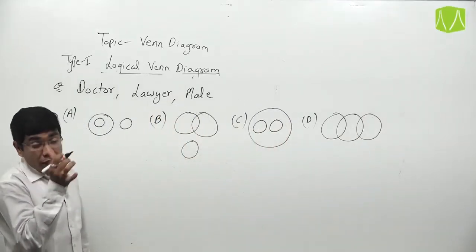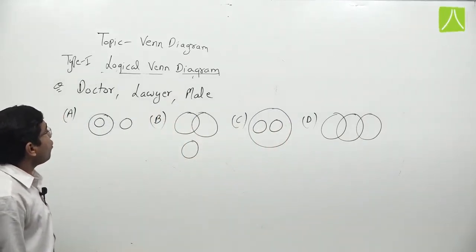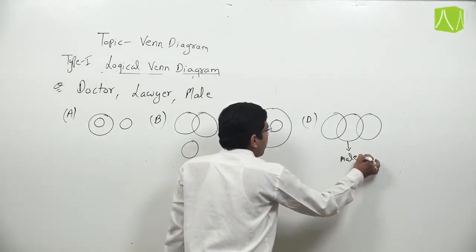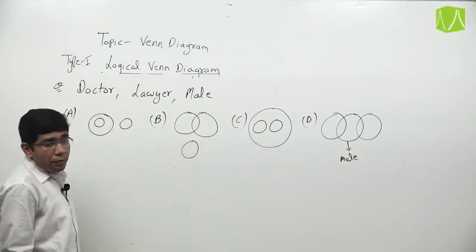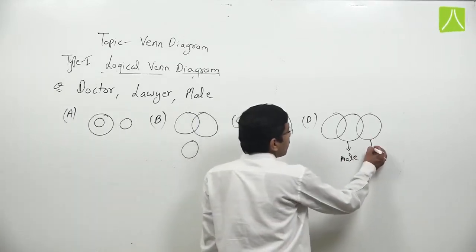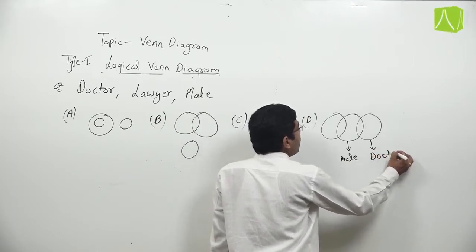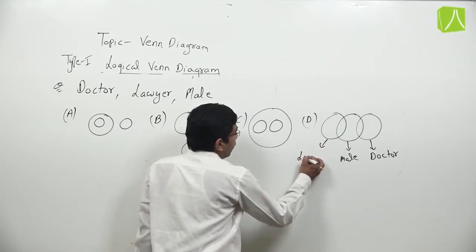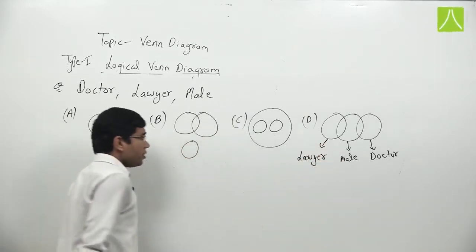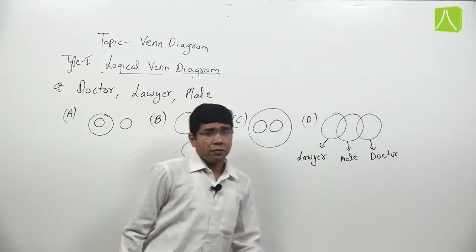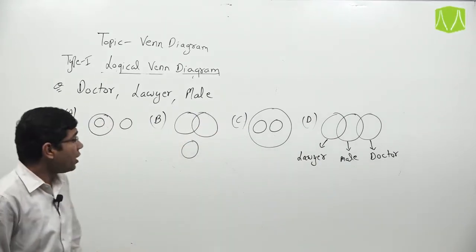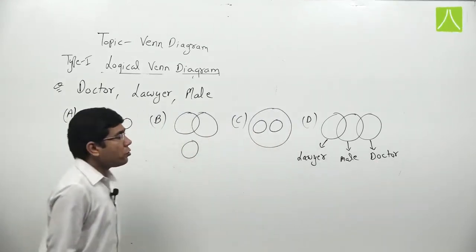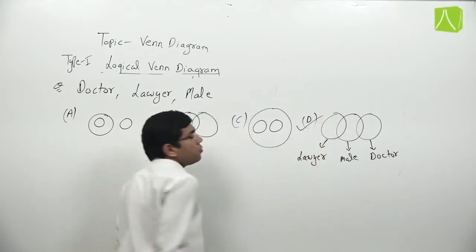Now we have to find the proper solution. Doctor, lawyer, male. Friends, as we discussed in the example, this circle can be denoted by male, some males can be doctor and some males can be lawyer. Lawyer and doctor are both different professions, so there is no relation between lawyer and doctor. Some male can be lawyer, some male can be doctor. So for this question our proper answer should be option D.